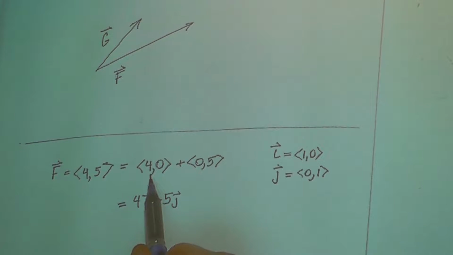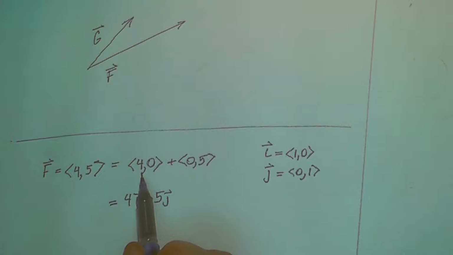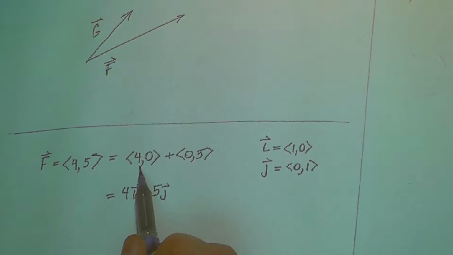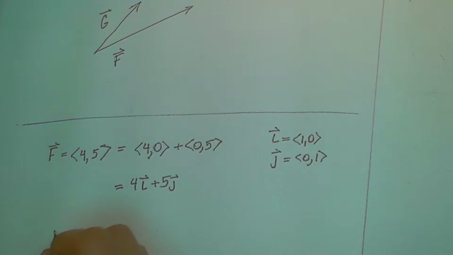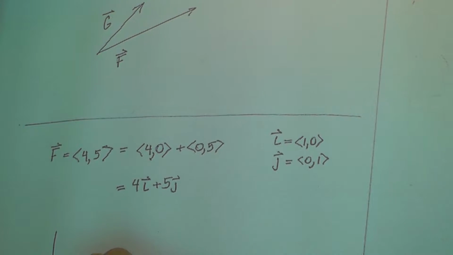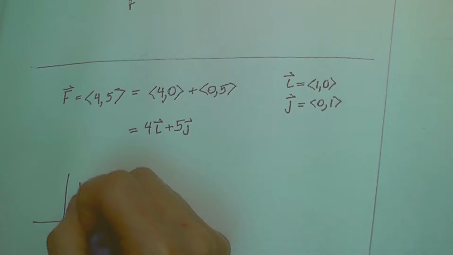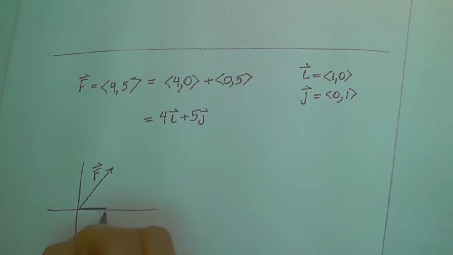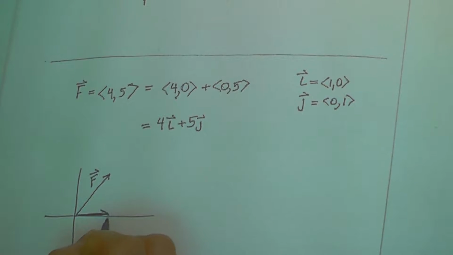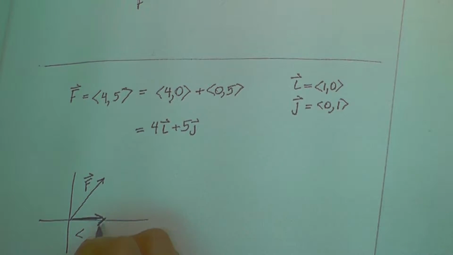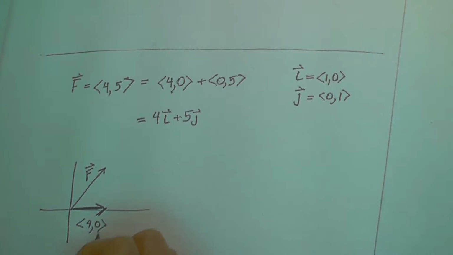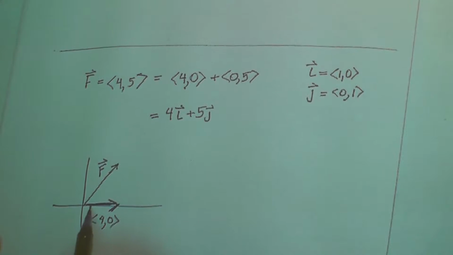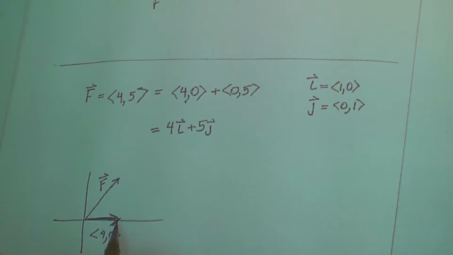This is what? It's the component of the force in the x direction. If I draw the picture, here is my vector F. This guy down here, this is 4, 0. That's the component of F in the x direction.